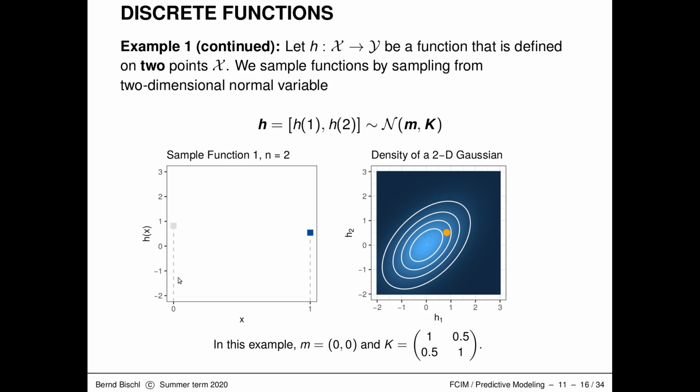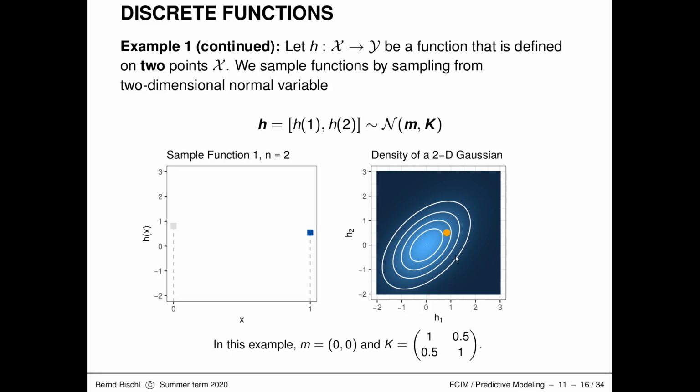I now want to specify my distribution over this function space through this Gaussian, where I'm using this 0 mean vector and where I'm pre-specifying this covariance structure for capital K. And I'm visualizing this 2D Gaussian here on the right-hand side. And then I want to sample from that.